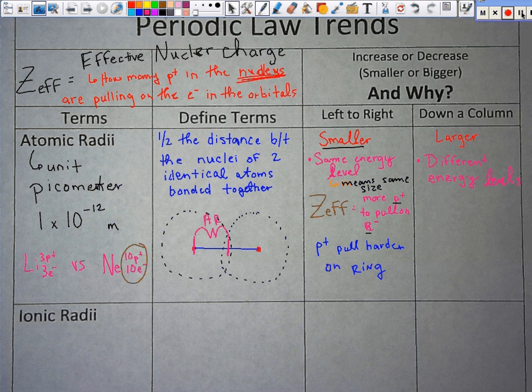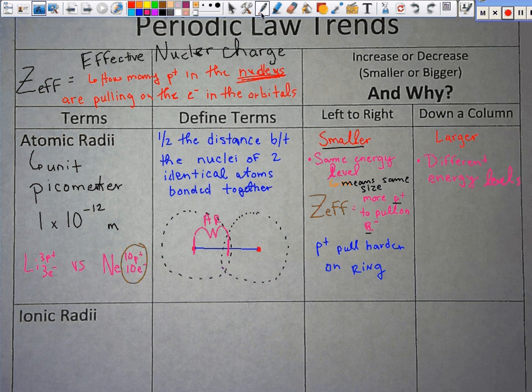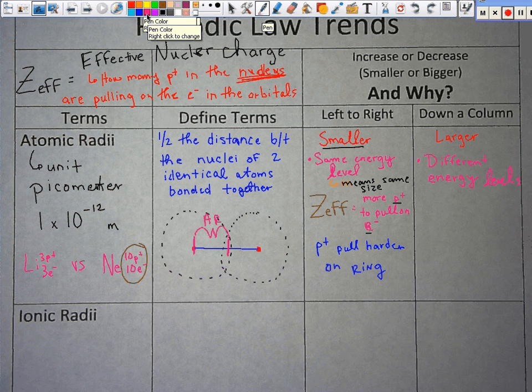All right, so different energy levels. Since you have different energy levels, that means you're going to have more electrons. Well, when you have more electrons, what does that mean? You have more space taken up. Okay? More space is used.